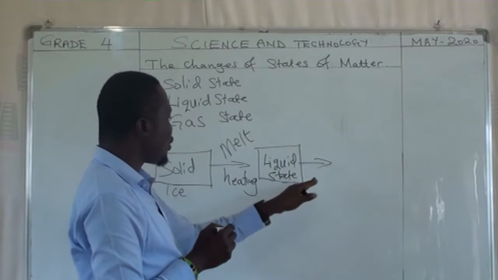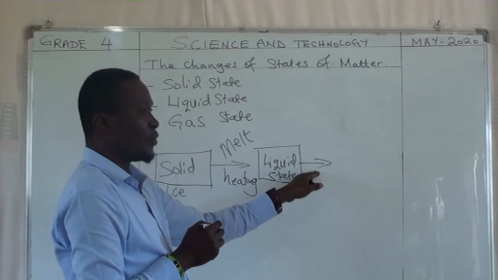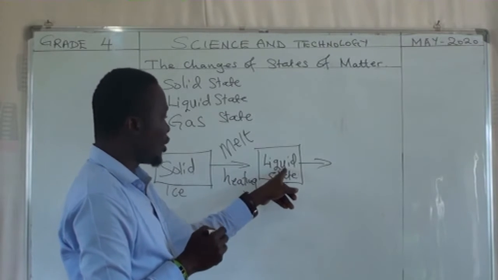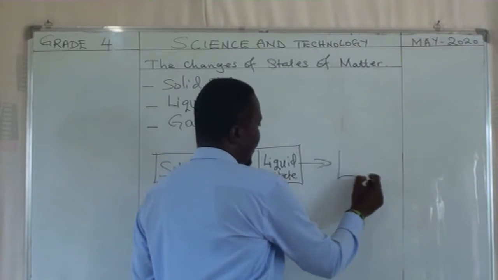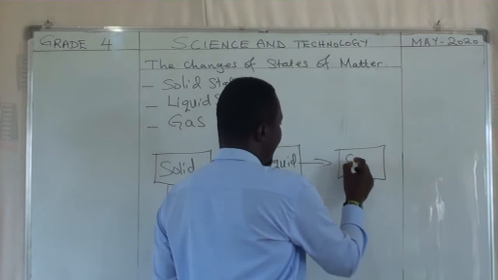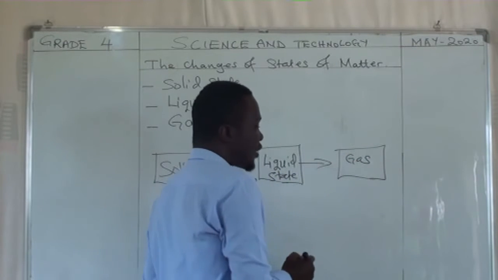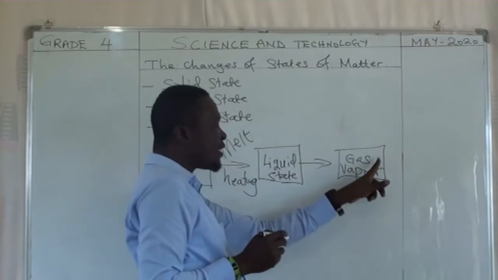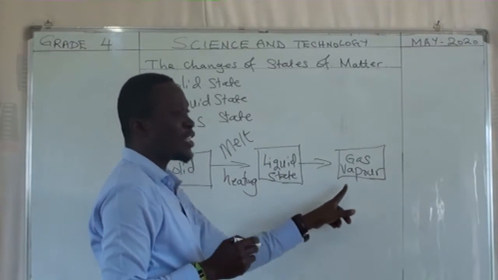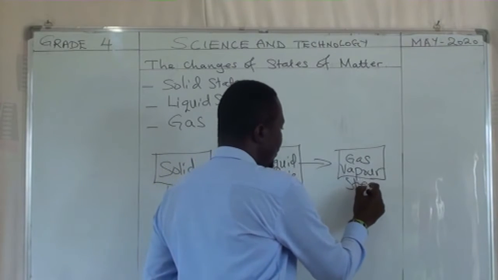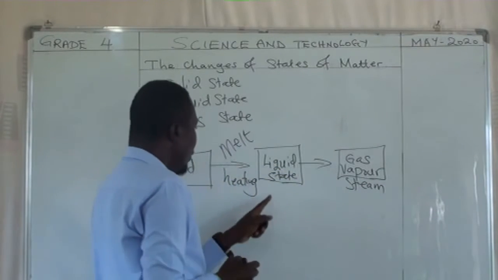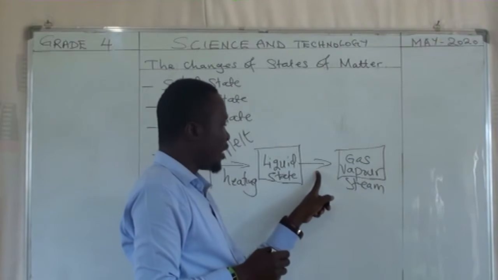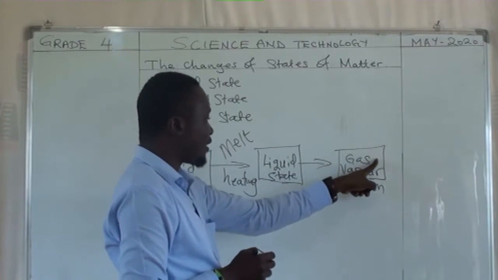The same liquid state, when there is a change in temperature through heating, will change into a gas, which is vapor. The gaseous state of water is known as vapor or steam, right? So if the liquid state is heated, it changes into the gaseous state.